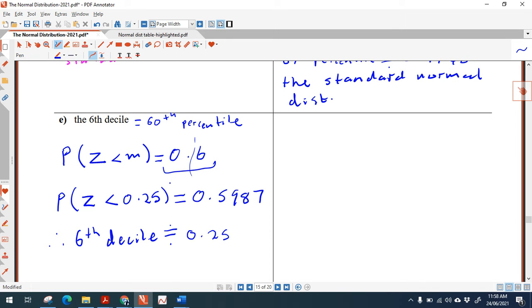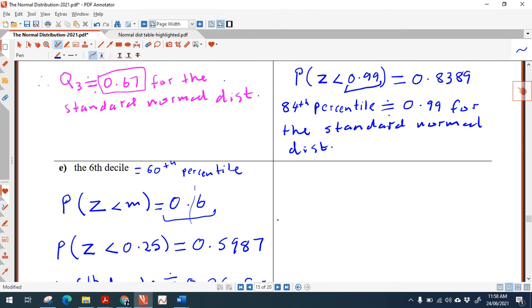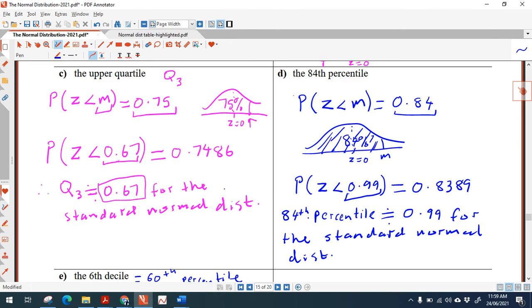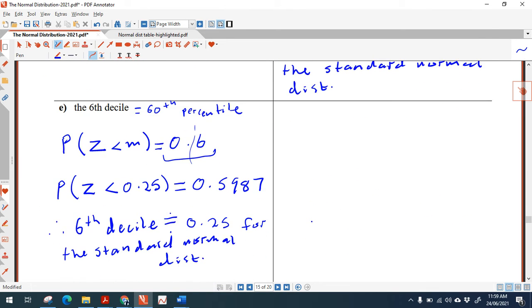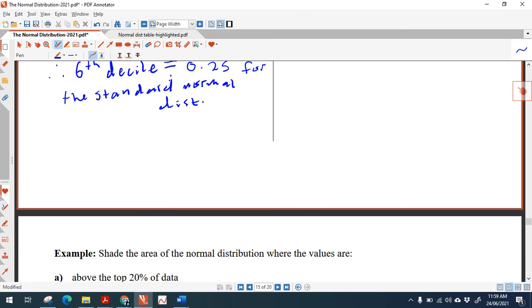Okay, so now I should also qualify that. That is for the standard normal distribution. Okay. All right, so there we go. We've got the answers for all of those. Make sure they're copied down if you hadn't done so already. And let's have a look at our next question.